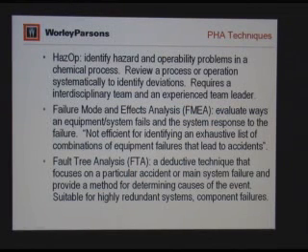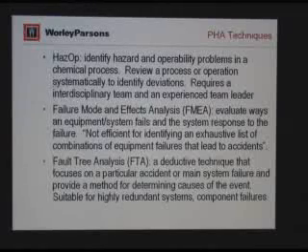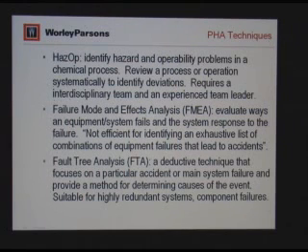Basically, like most of the processes we're designing, they have multiple equipment and many parts, and FMEA is not very good at identifying the hazards for a big system like this.